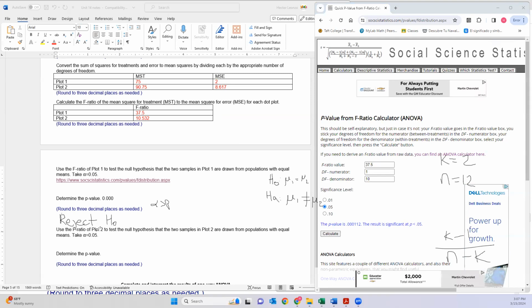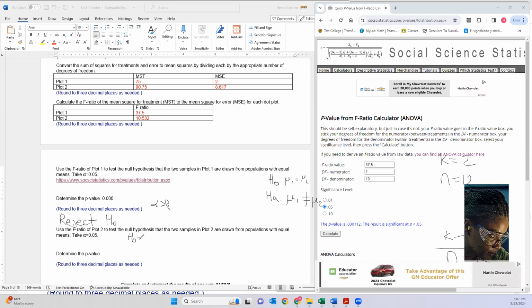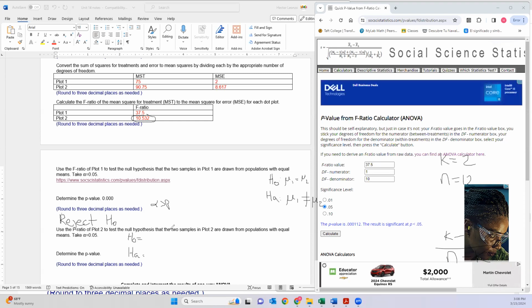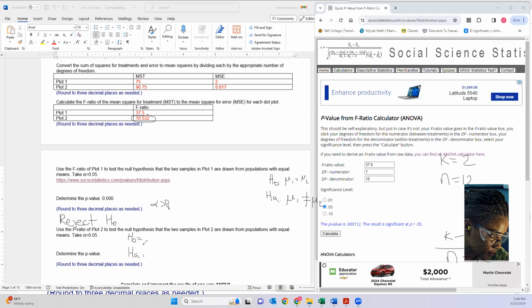Okay, now let's take a look at plot 2. Here I have to come up with a null hypothesis as well, and an alternate hypothesis. Use the F ratio for plot 2. I'm using the F ratio from plot 2 to test the null hypothesis that the two samples in plot 2 are drawn from populations with equal means.